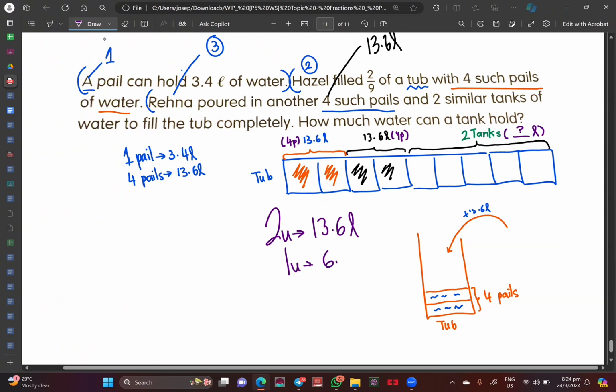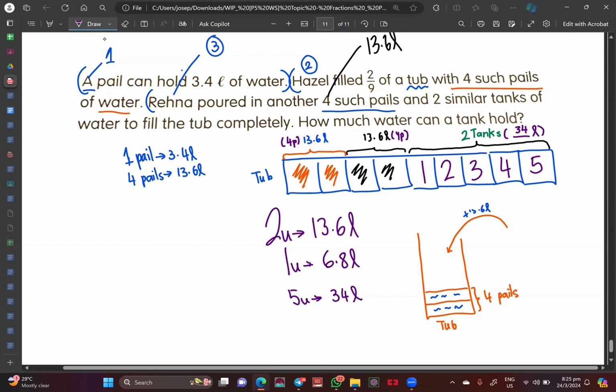We get 6.8 liters, and now we can find 1, 2, 3, 4, 5 units in total. So 5 units is basically 6.8 times 5, and we get an answer of 34 liters. So whatever that is over here is basically 34 liters.